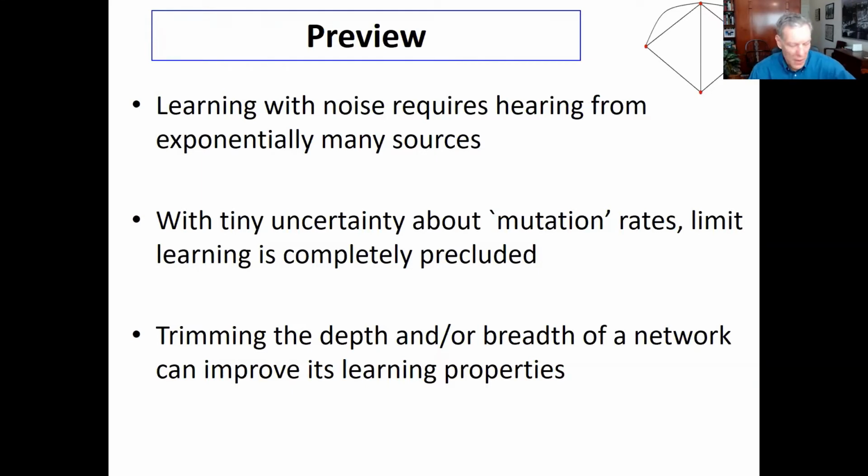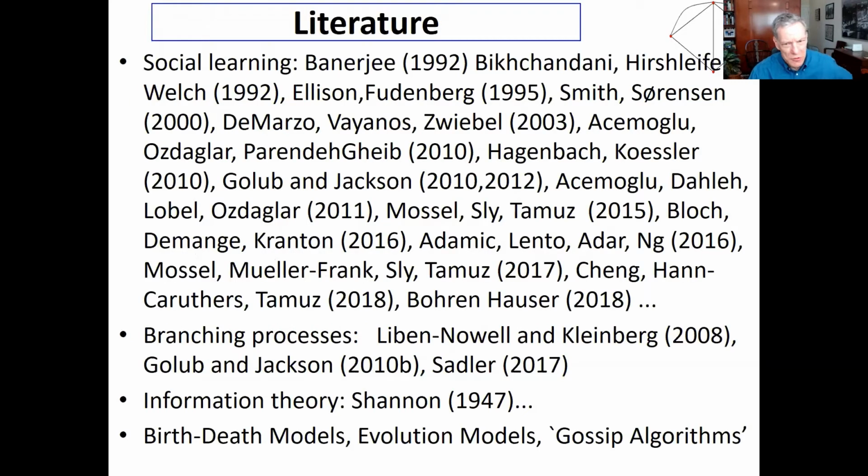And I'll say just a few words about the literature. There's a fairly large literature on social learning and the difficulties in it. This paper sort of adds to that by introducing a model where there's noise in the signals as they're transmitted, and that noise builds up with distance. And so the further the distance is, the more the noise is.